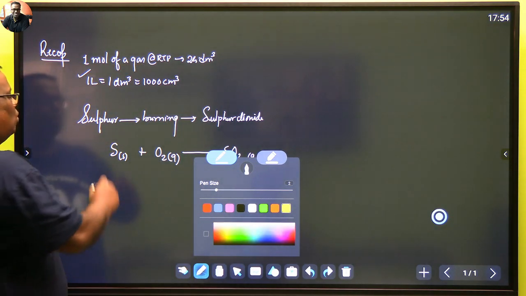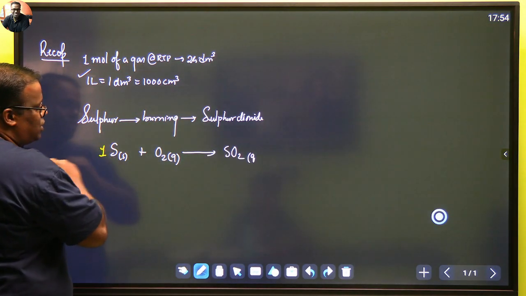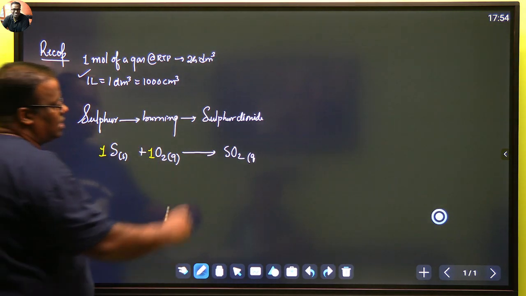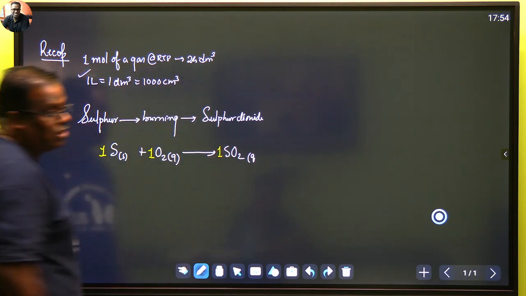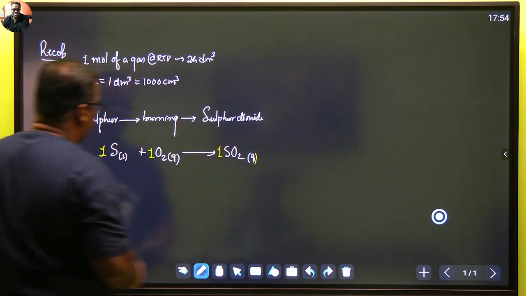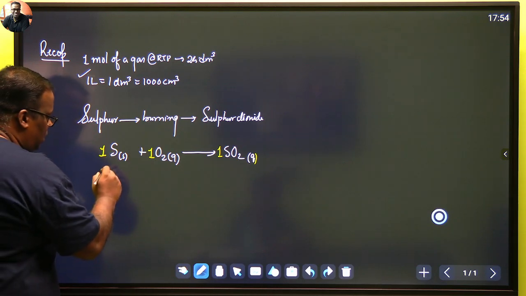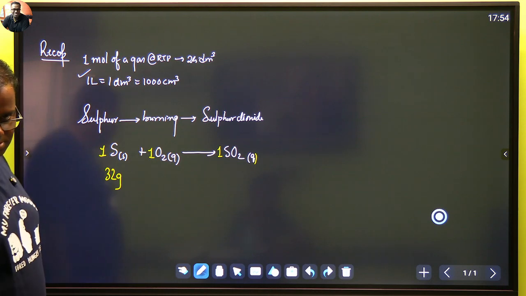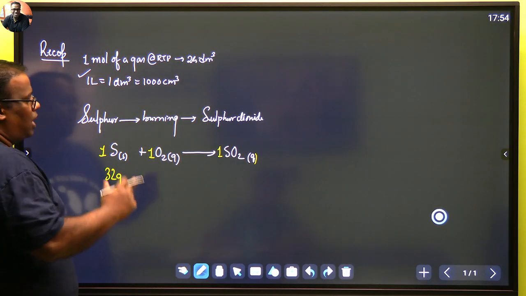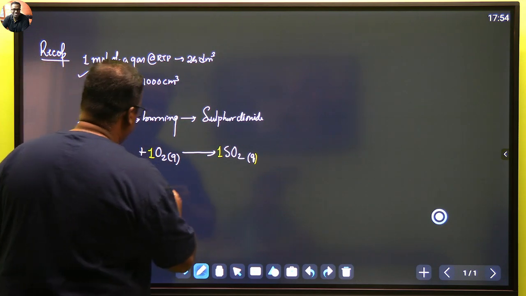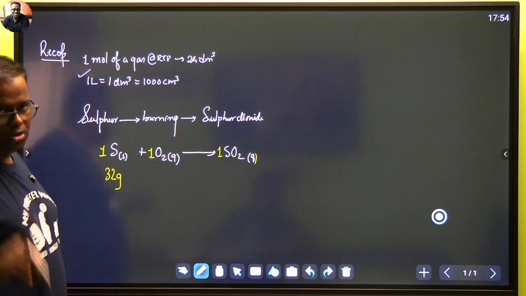Let's come to molar calculation. 1 mole of sulfur atoms reacts with 1 mole of oxygen gas to give you 1 mole of SO2 gas. Are we absolutely clear about it? No doubt. How much is 1 mole of sulfur? 32 grams. So 32 grams is reacting. 32 grams corresponds to how much? 1 mole.